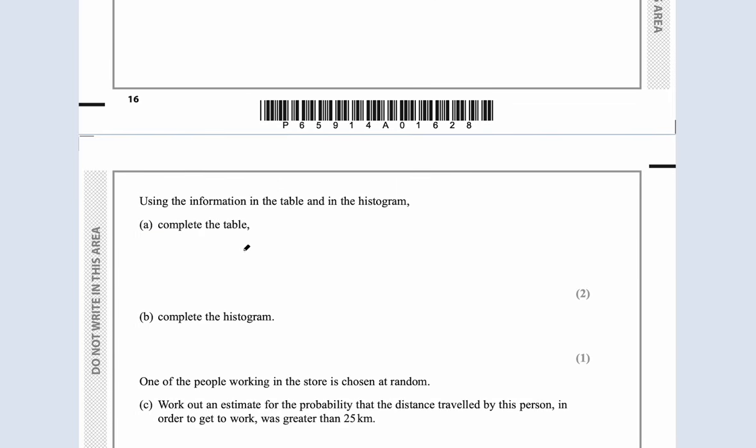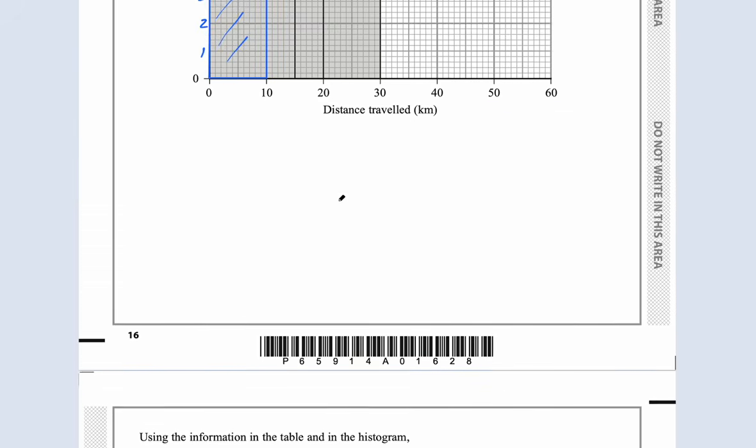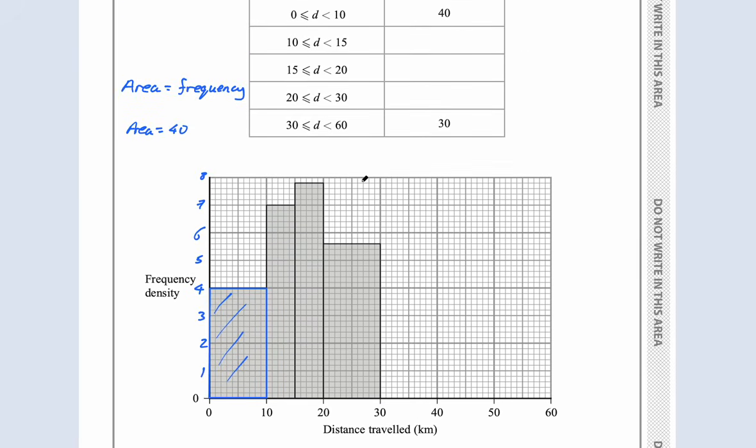The question says, using the information in the table and in the histogram, complete the table. Okay, so now I know that's 40. I just need to get the areas of the bars. So this area is going to be 5 times 7, which is 35. This guy is 5 times, okay, be careful here, these are going up in 0.2, so 7.2, 4, 6, 8.